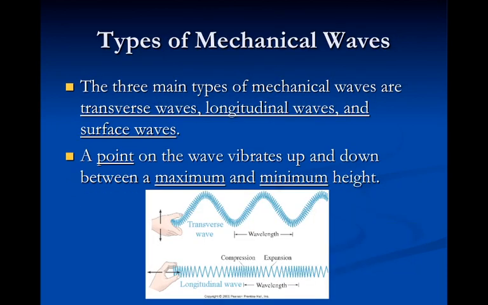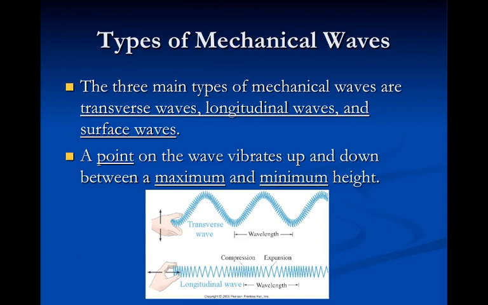There are 3 types of mechanical waves, and that has to do with the way the wave moves. A transverse wave, a longitudinal wave, or a surface wave. And a point somewhere in the wave is going to move up and down or side to side, but there is going to be movement. There's going to be vibration, and we call it a wave because there is a maximum height to this movement and there is a minimum height to the movement.